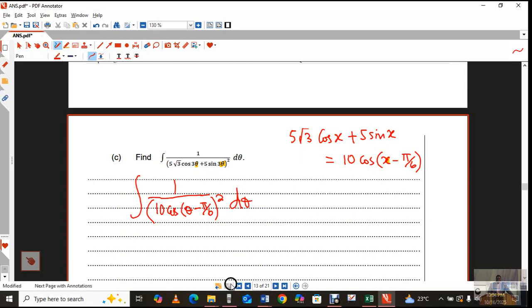Whenever you square, you can actually rewrite this as the integral of 1 all over 10 cos square of theta minus pi over 6, integrating with respect to theta.